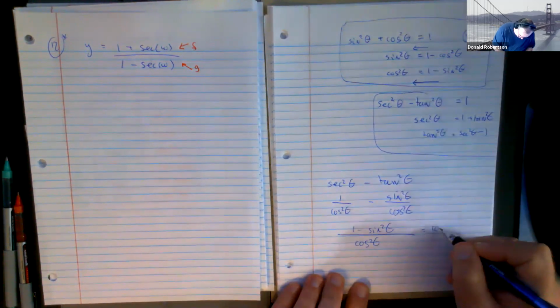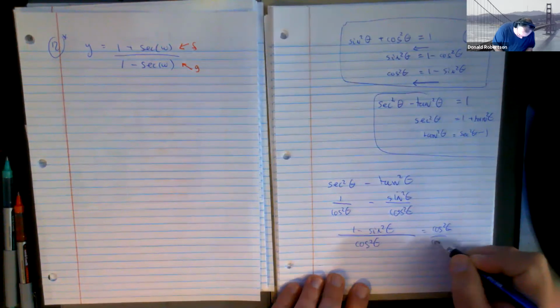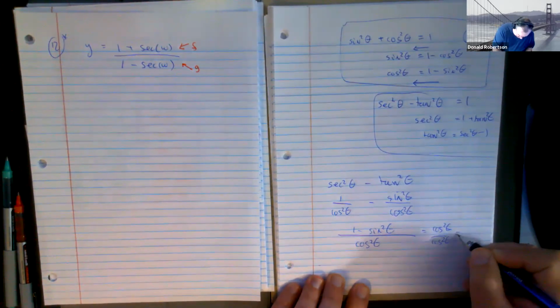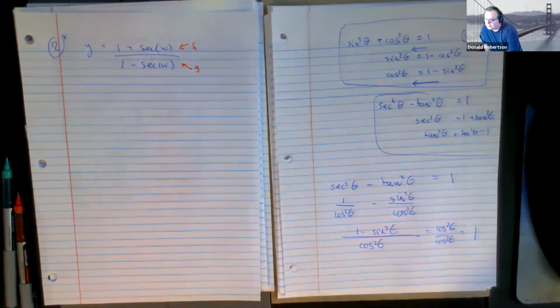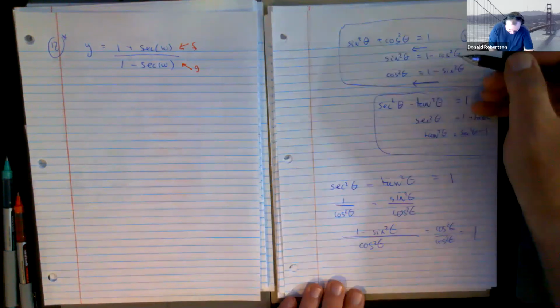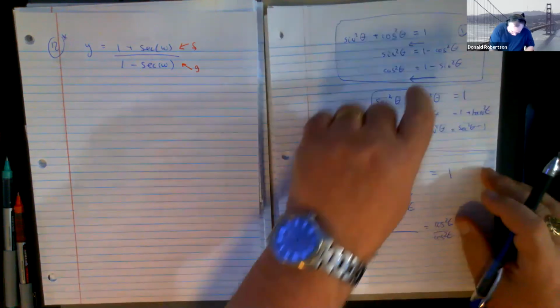Isn't 1 minus sine squared a cos squared? And a cos squared over itself is 1. So that's 1.